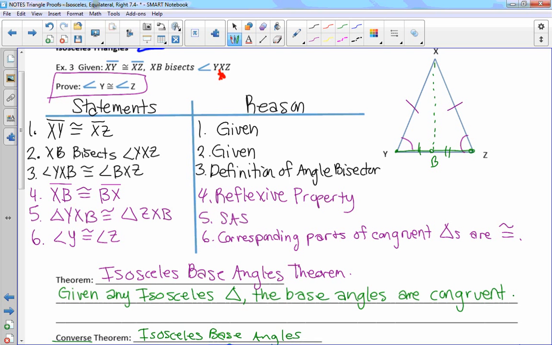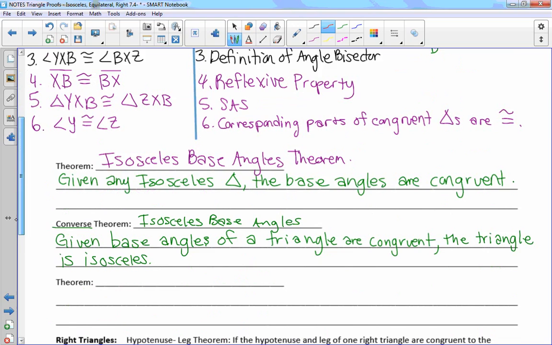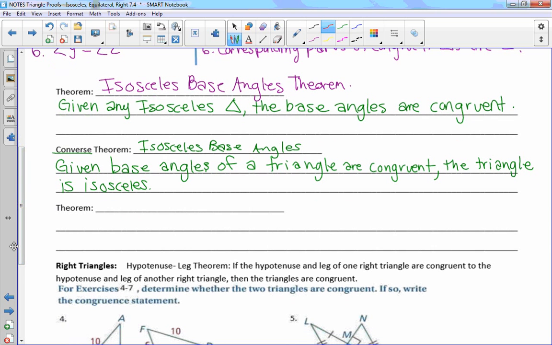And any idea what the intersection of the base and that bisector is? The intersection, XB with the base of the triangle. They intersect each other at a special angle. I'm writing. That's the last theorem. I don't really have a nice pretty name for this. Your book just calls it theorem 20.